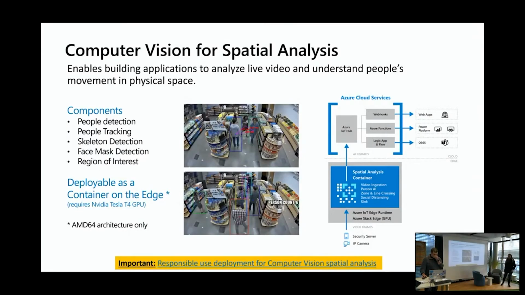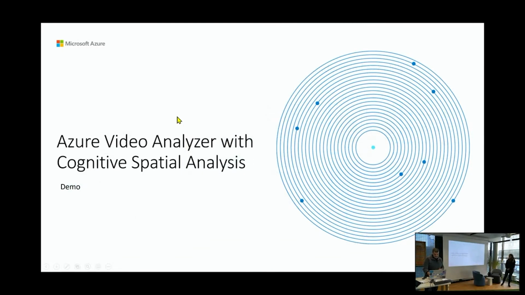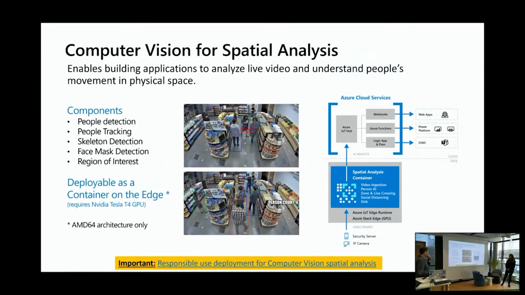Okay, so the other demo that I'll be showing you, some real demos with Azure Visualizer. In one or two of the things that I'm going to show you, the computer vision for spatial analysis component.